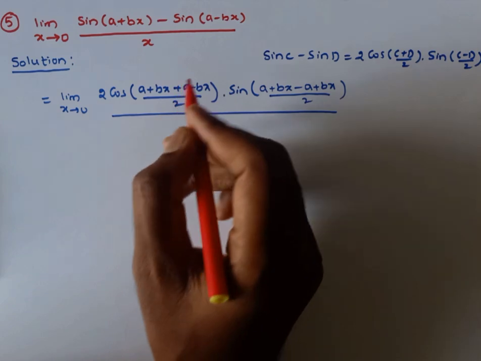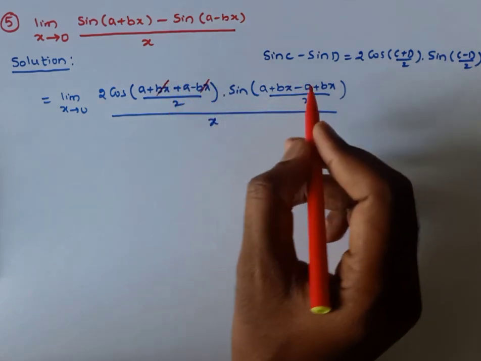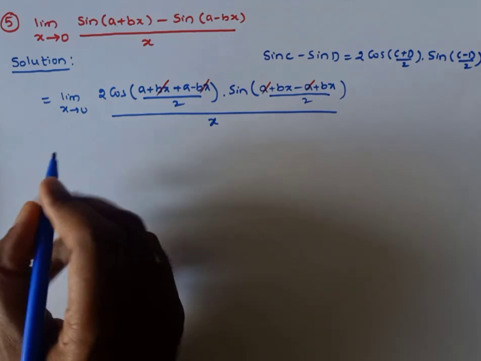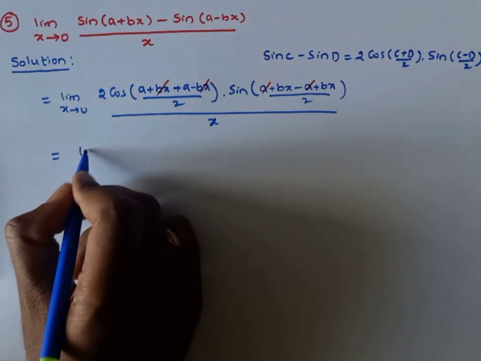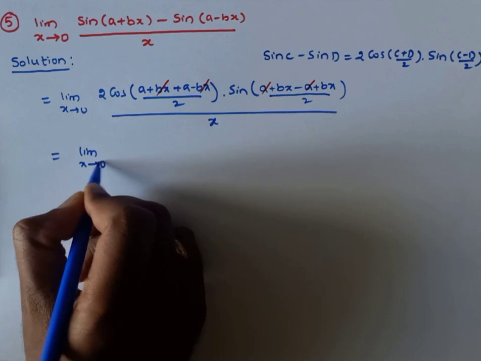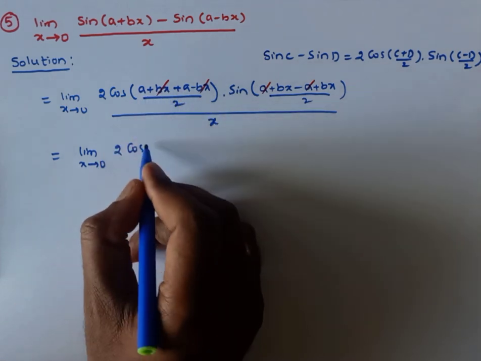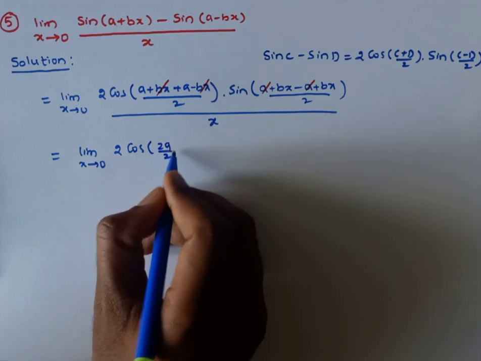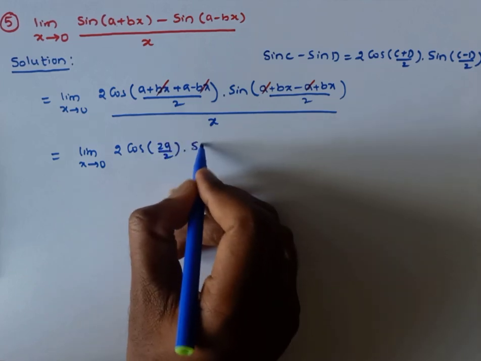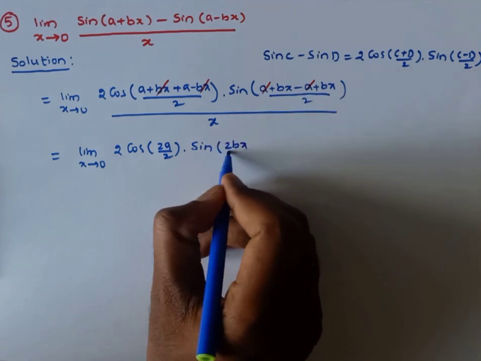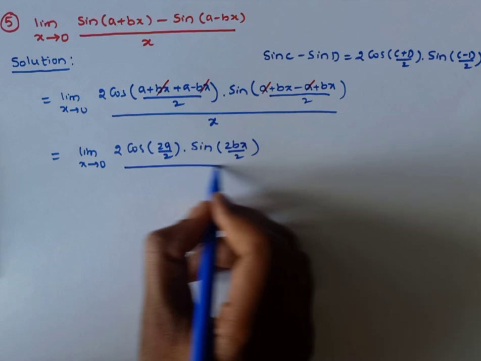For the first function, bx and bx get cancelled, here a and a come out. Then this is limit x tends to 0, 2 into cos of a plus a by 2, so it is 2a by 2, into sin of bx plus bx, so this is 2bx by 2, whole divided by x.